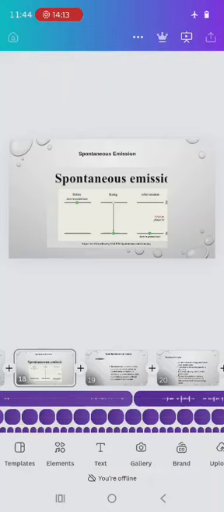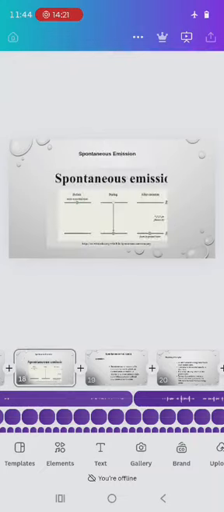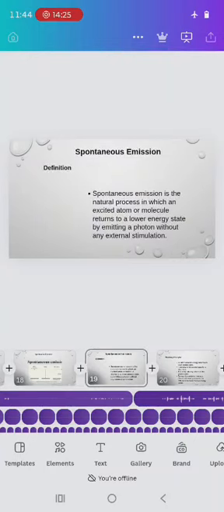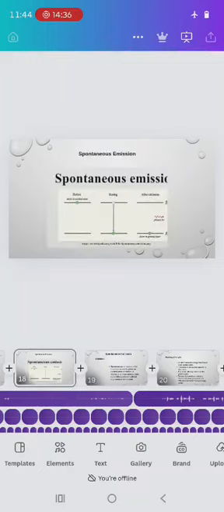Spontaneous emission means no external stimulation. This is the definition of spontaneous emission.